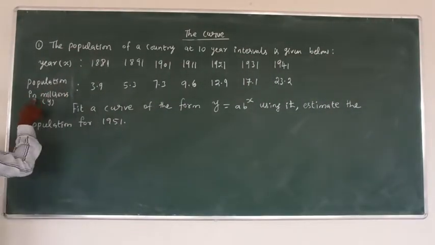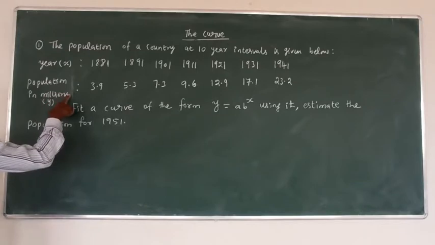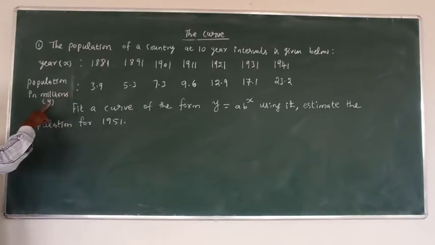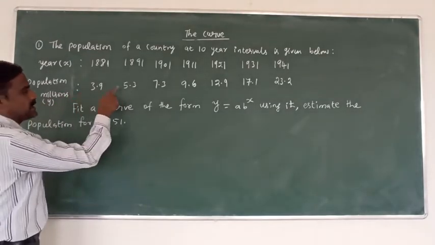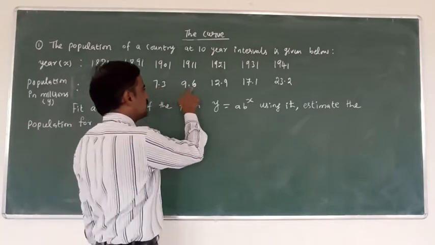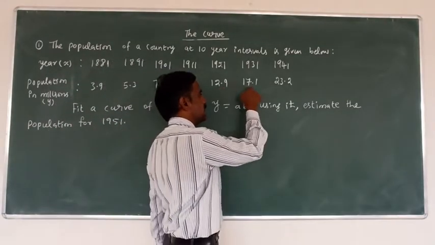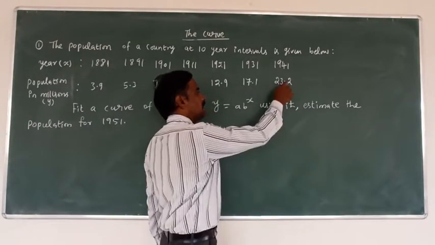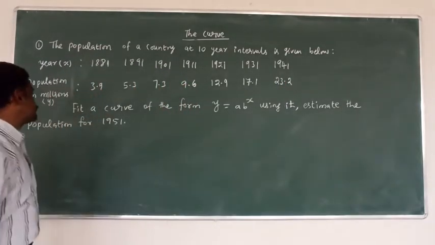Population in millions. This is what is considered as Y: 3.9, 5.3, 7.3, 9.6, 12.9, 17.1 and 23.2.